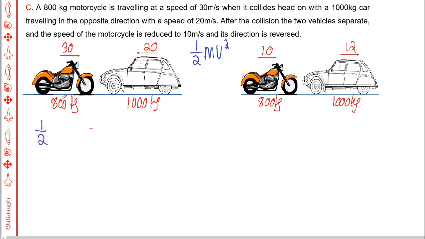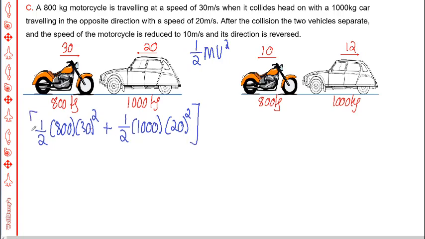For each vehicle, all we do is half the mass times the speed squared. Direction does not matter now, and the reason for that is because in this equation, velocity is a scalar, not a vector, because energy has no direction, it's a scalar. So it doesn't matter if it's positive or negative anymore. Plus the energy of the car, half times 1000 times 20 squared.